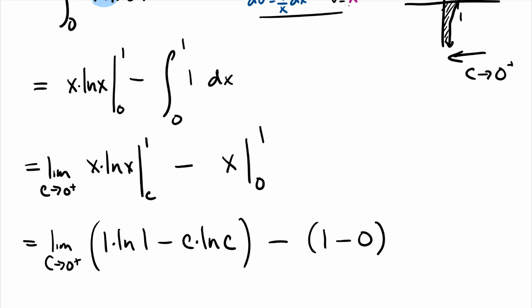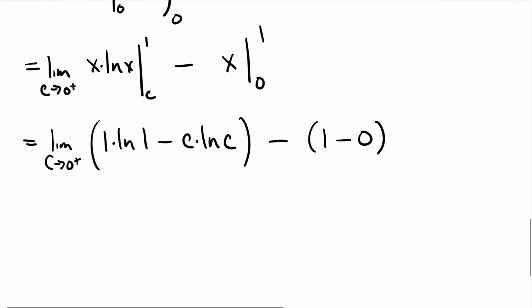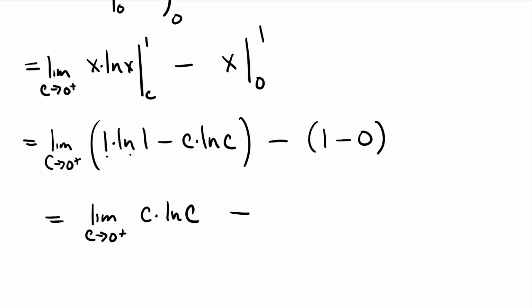Well, this isn't bad. 1 times the natural log of 1, that's just 0. So we're just left with the limit as c tends towards 0 from the right-hand side of c times the natural log of c, all minus 1.